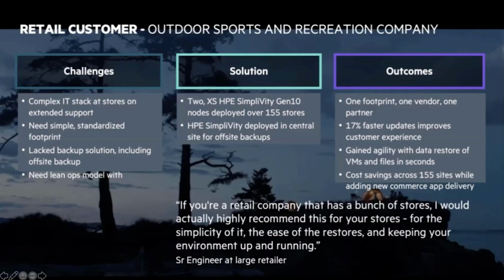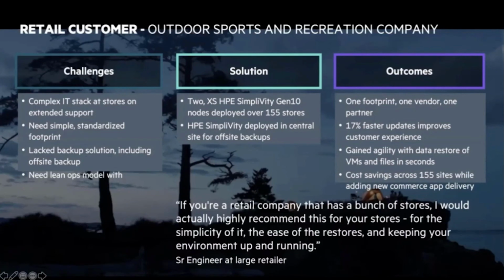And like we talked about the extrapolation of when you increase the number of sites, this customer is a classic example of they benefited from one site, but for all the 155 sites, the total cost of ownership is reducing significantly for the customer.